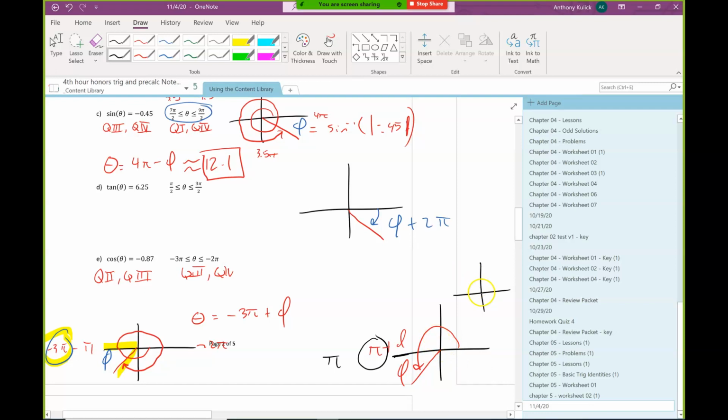So if I've passed pi, I'm going to have to add to it. If I haven't quite got there, I'm going to have to subtract from it. Okay, that makes sense. But it's the opposite if the angles are negative. Notice there, I haven't quite got to -3 pi, but I'm adding this time because I'm doing negative angles.